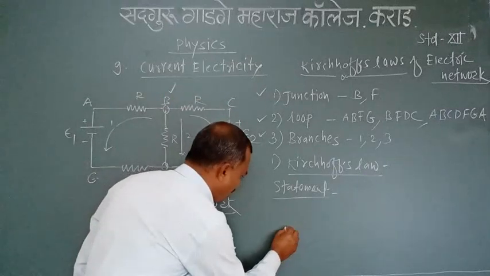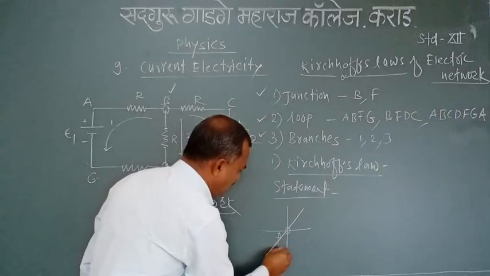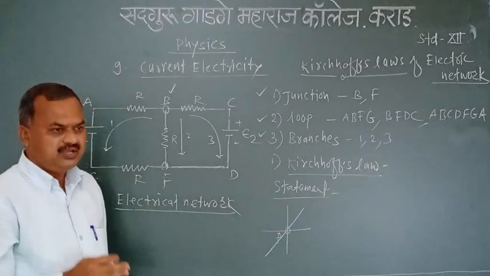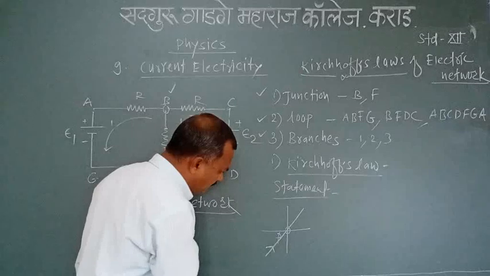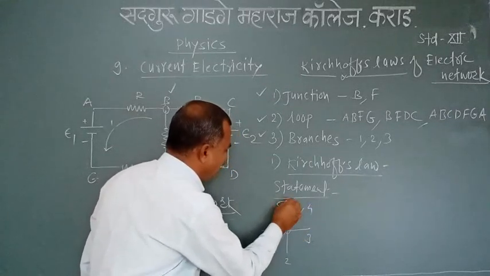The current flowing through those conductors is represented like this by arrows: first, second, third, fourth, fifth, sixth.